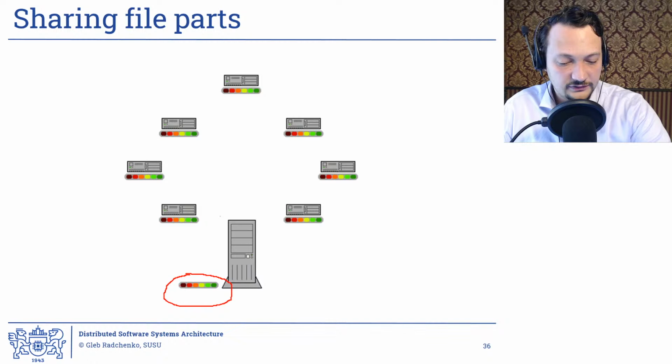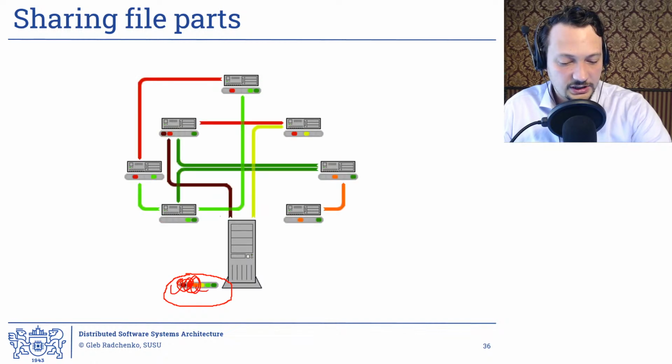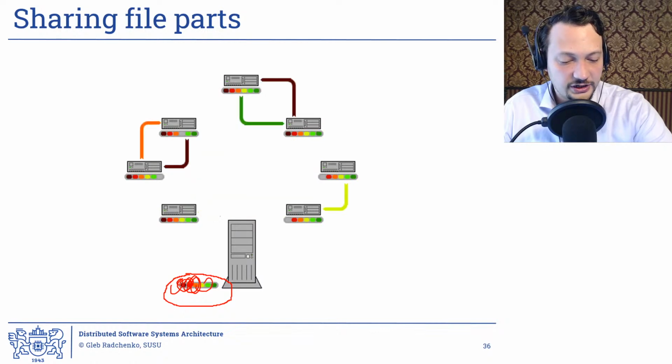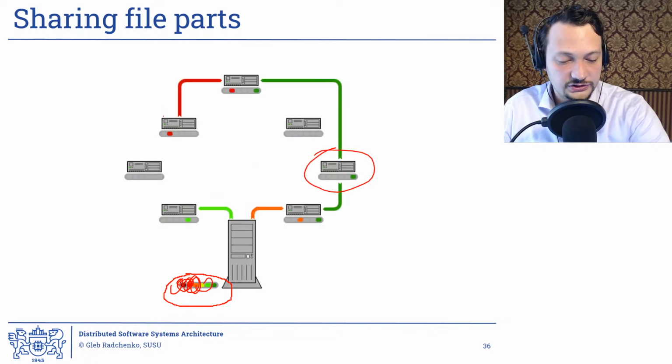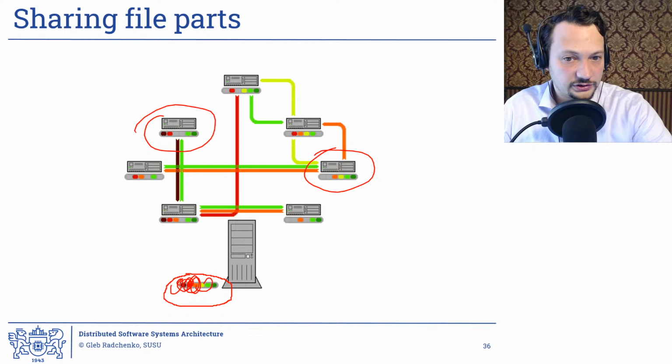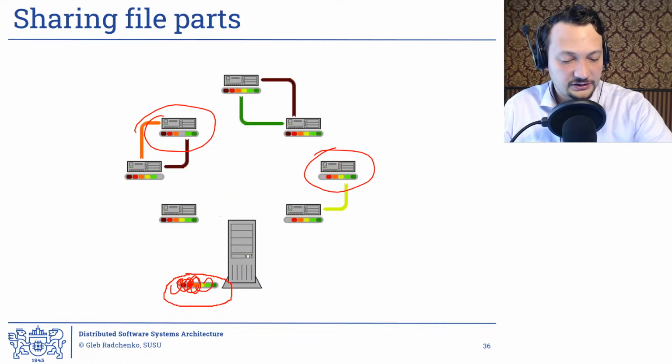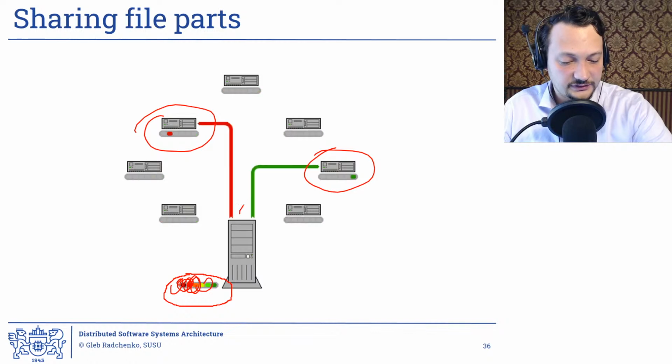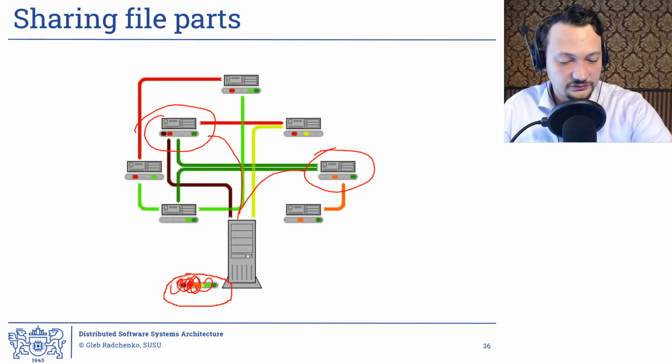You can see here, these are very, very small chunks of this file. And the supersede tries to distribute these chunks evenly between the nodes of the network. So you can see that on the first step, the supersede sent the data to this node and to this node.